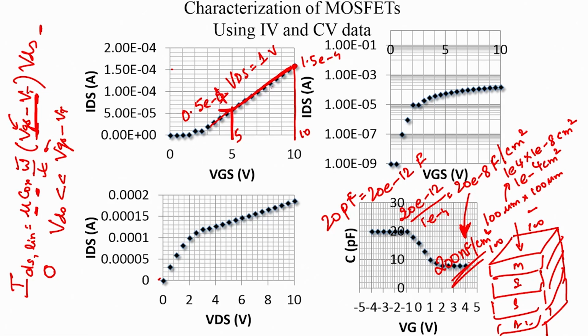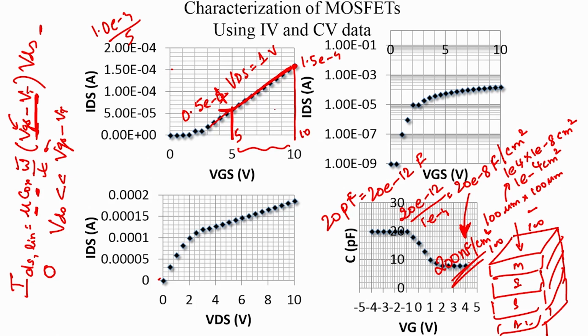So the slope, that is your delta ID by delta Vg, is essentially 1.5 minus 0.5, which is 1.0 e minus 4 divided by this voltage difference, which is 5 volts.